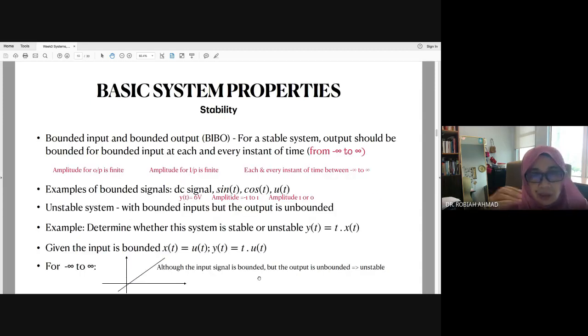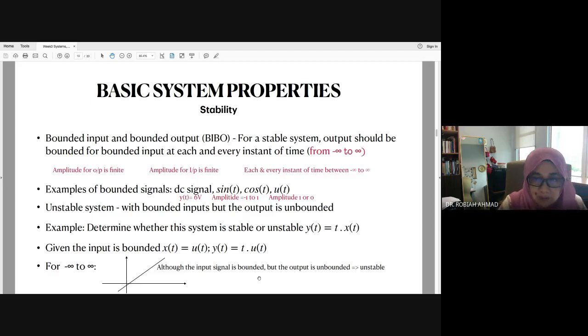Another important property is stability, if for example you want to analyze how stable your system is. To have the stable property, it should have bounded input and bounded output, or the short form, BIBO.